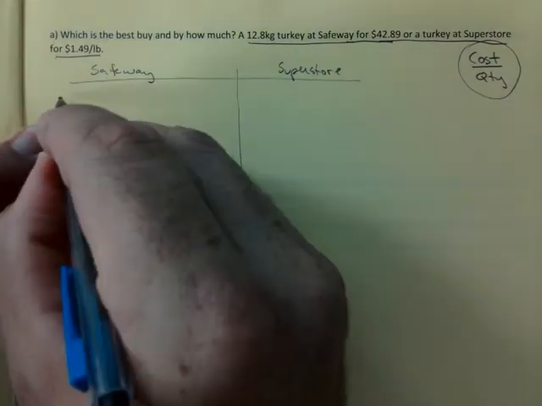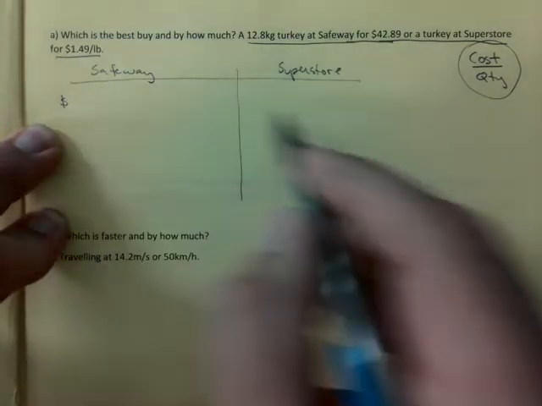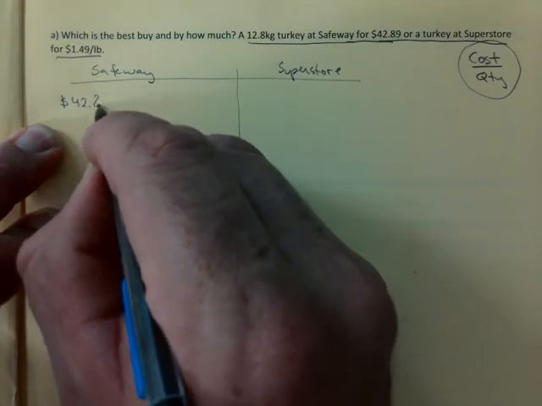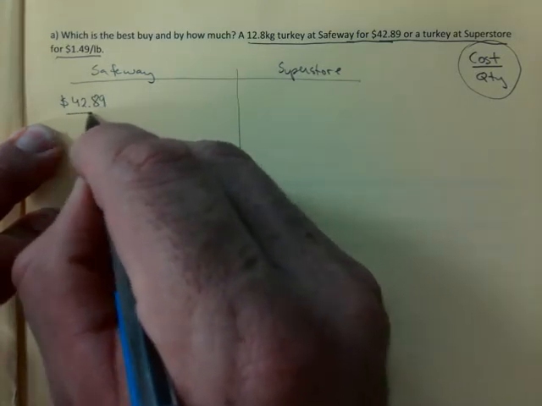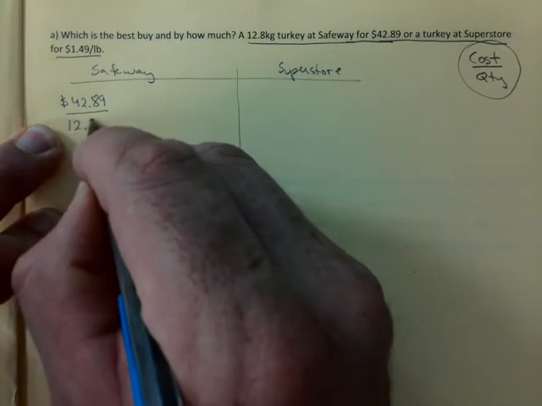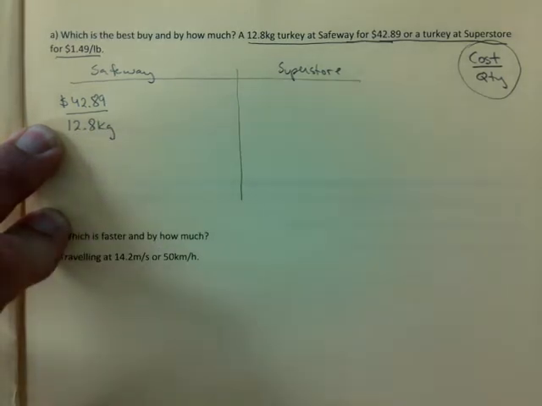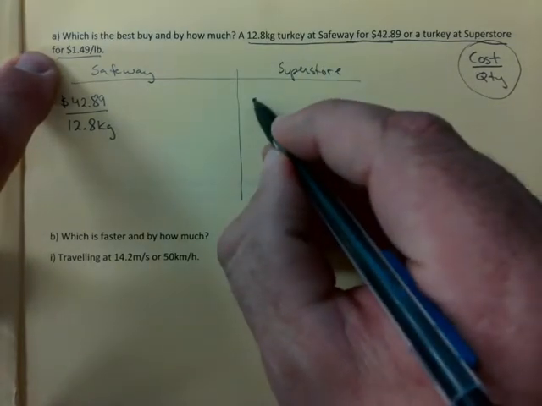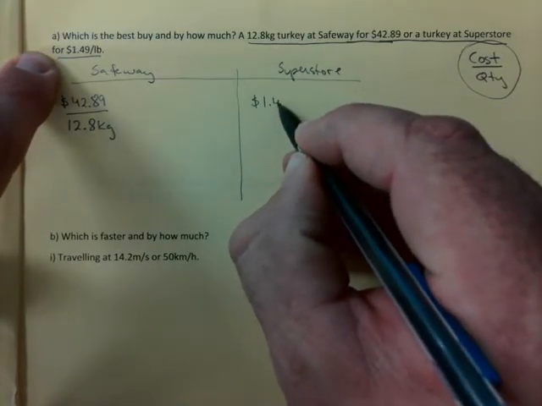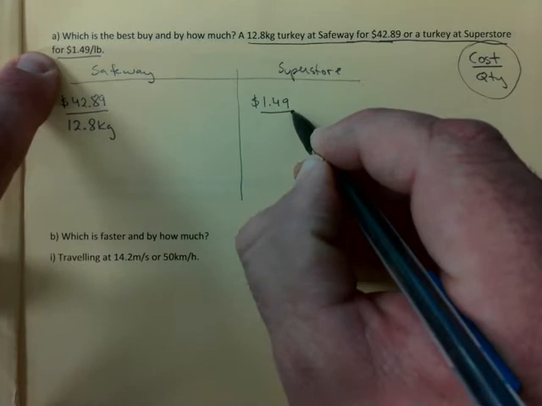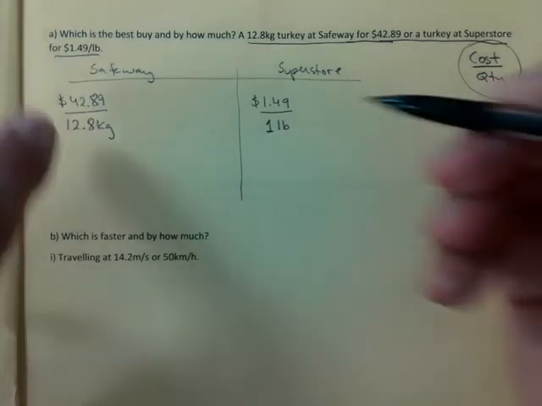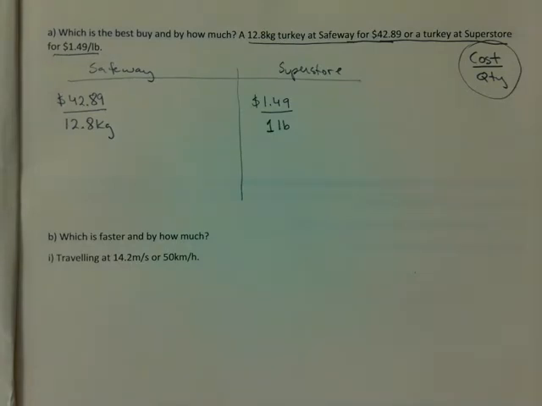So at Safeway, we're paying $42.89 for 12.8 kilograms. At Superstore, it's $1.49 for 1 pound.